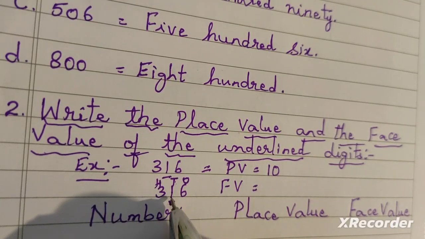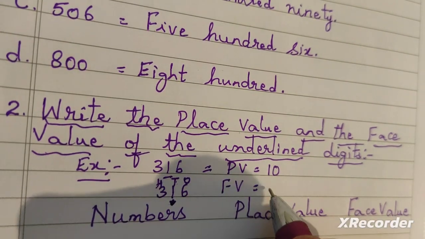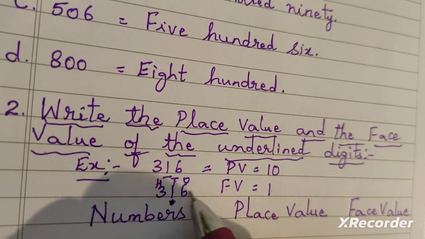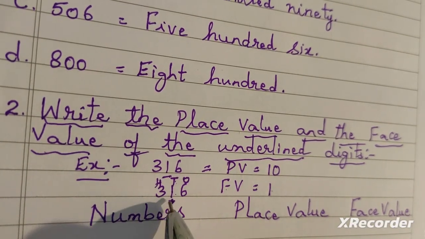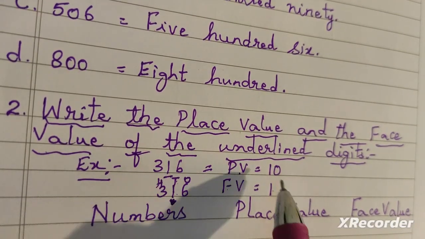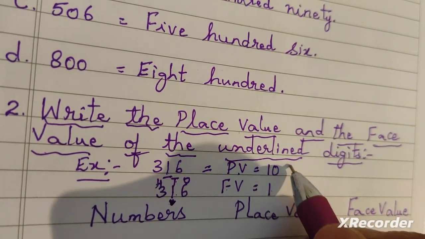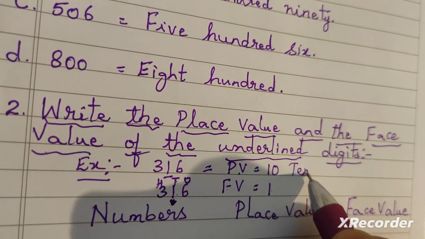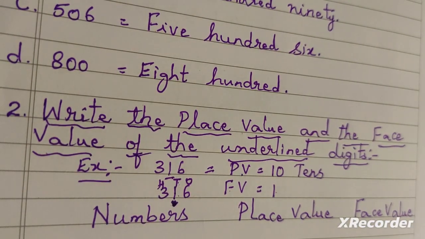So the face value of this underlined number is 1. Face value is the number itself. Place value of 1 is in tens place. So it is tens.